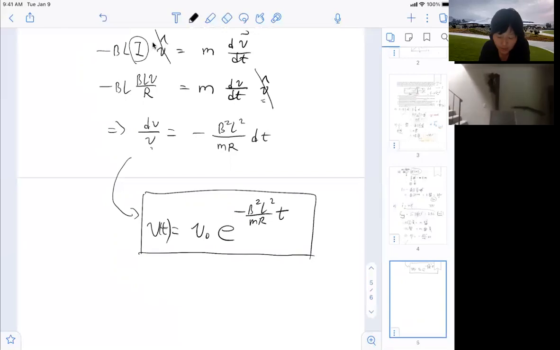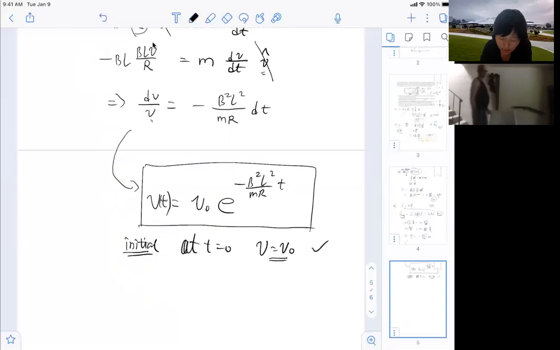Does this make sense? Let's see if it agrees with our initial conditions. At t equals 0, v is v naught. If we plug in t equals 0, we get v equals v naught. So that makes sense, right? It is correct. Also, we can check the other extreme, t approaching infinity.